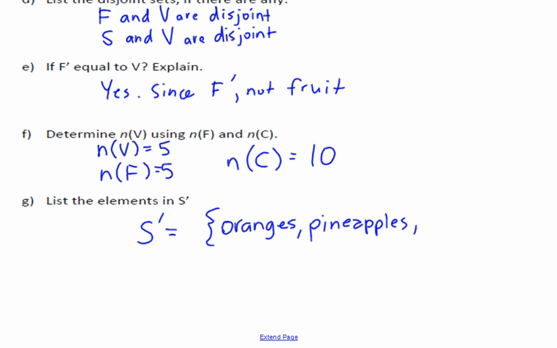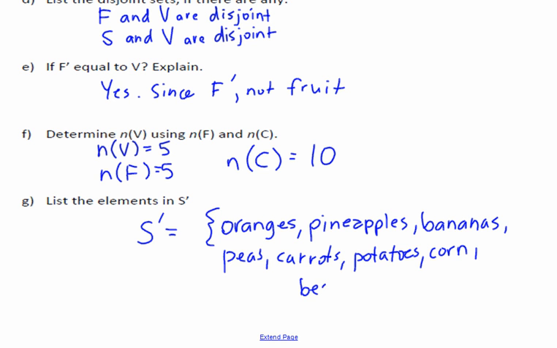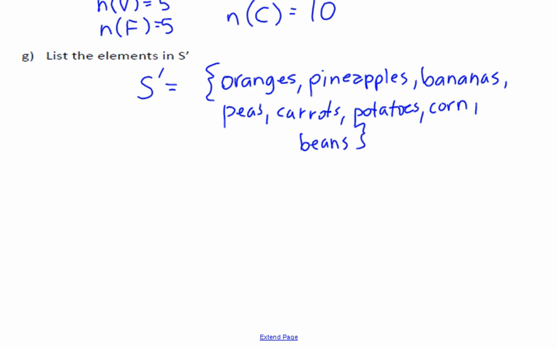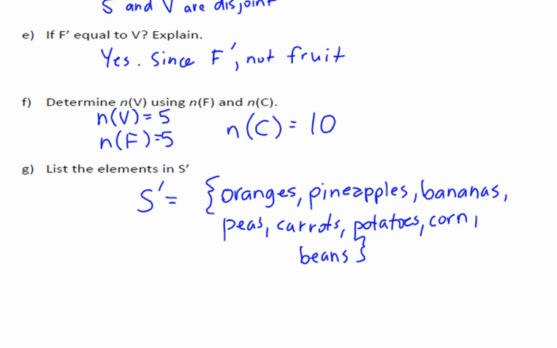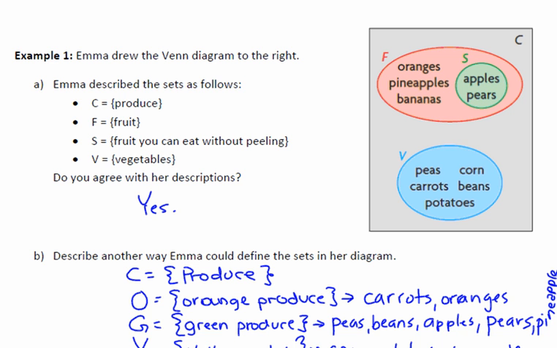Bananas. Peas, carrots, potatoes, corn, and beans. So everything that's not in S. The set is fruit you can eat without peeling. That's what S is. Got it? Okay.